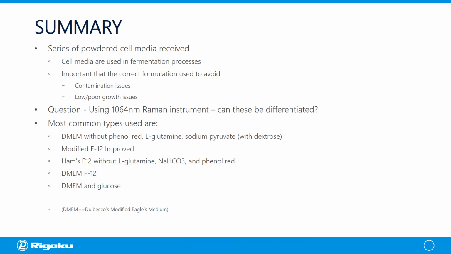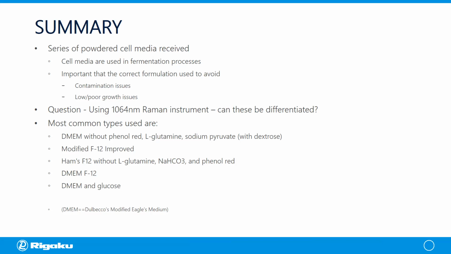Now, we're going to look at several examples here, and the most common types of cell culture media are Dulbecco's modified Eagle's medium, DMEM, and there are different types with and without glucose, but we're only looking at the ones with glucose. And then there are these F12 types.